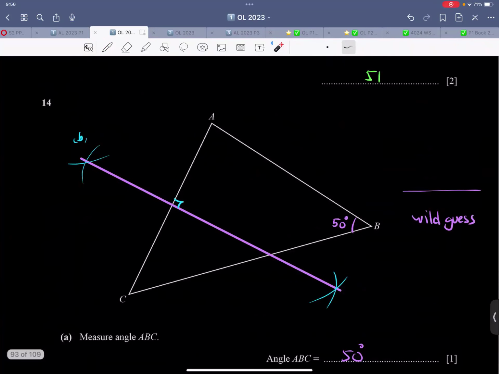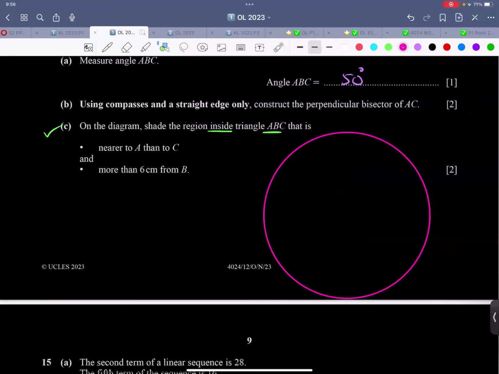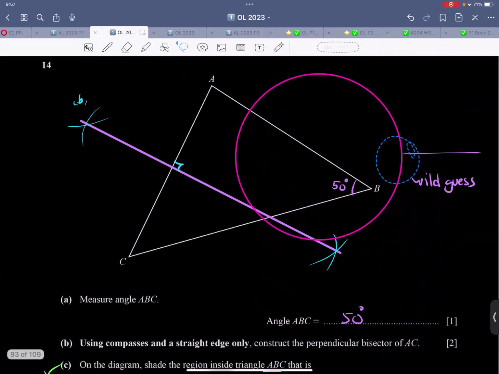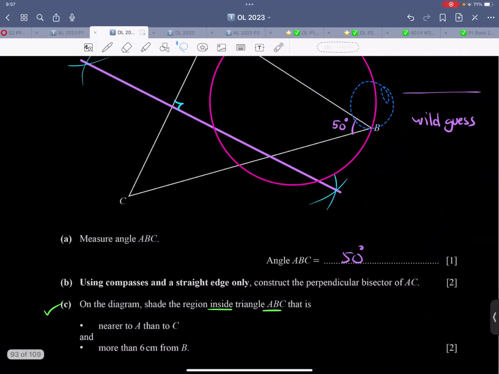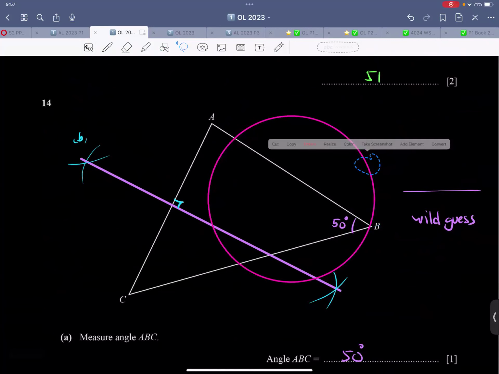Now, more than 6 centimeter from B, let me draw a circle, a rough circle, something like this. And let me take it up. So why is it not going up? Okay. So let me take it up, and this is from B. So let me just minimize this a bit.